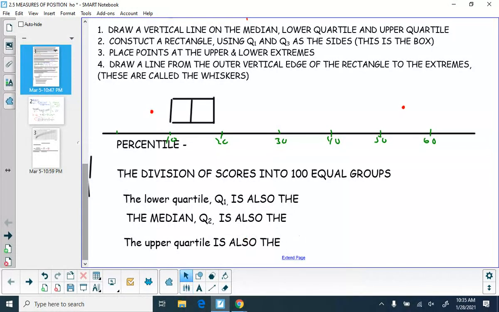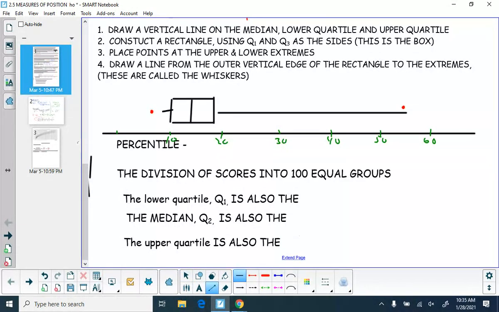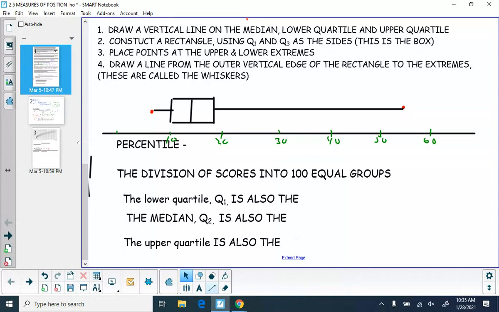Then draw a line from the outer edge of the box to the points. These are your whiskers. Once again, the median and upper and lower quartiles divide your data into 4 equal groups.